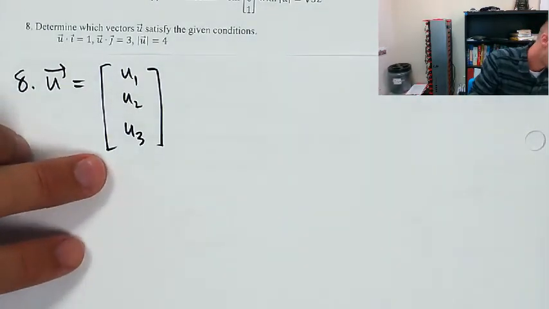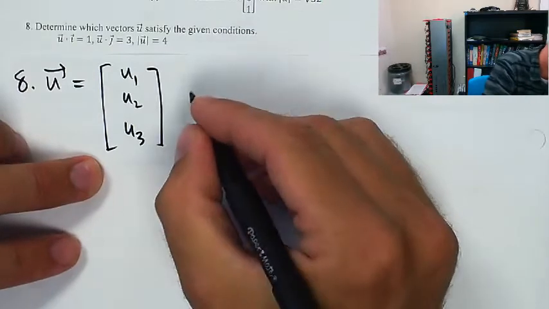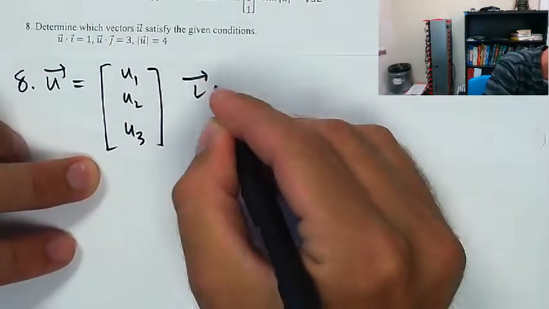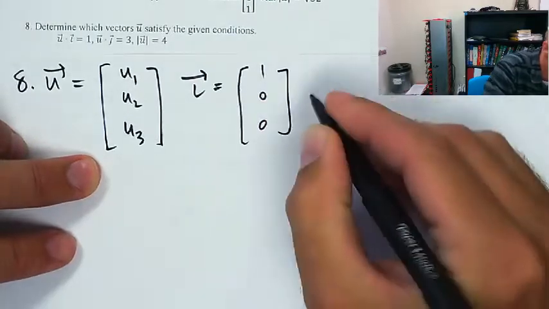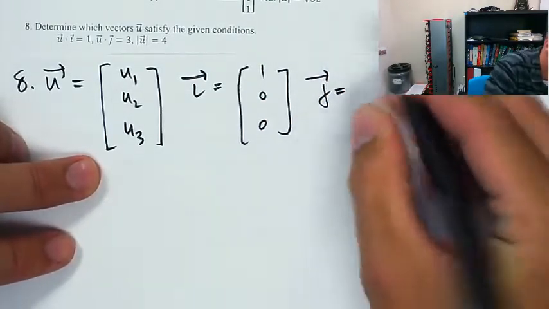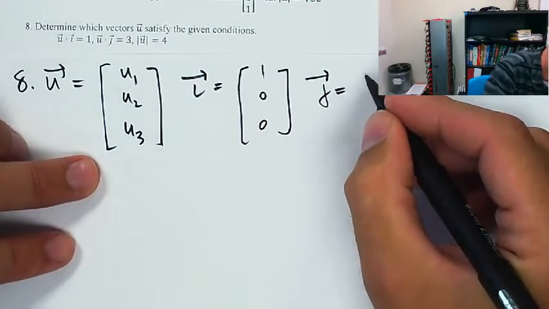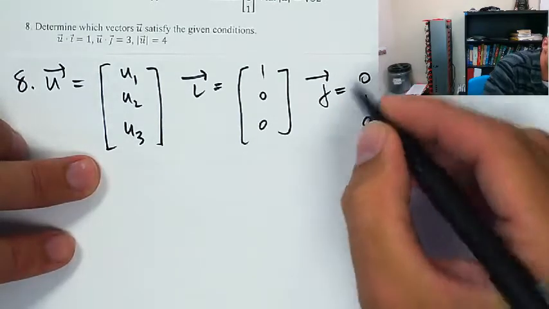Right, and I need i. That's 1, 0, 0. j is mentioned in this problem, so I'm just going to copy that as well. 0, 1, 0.